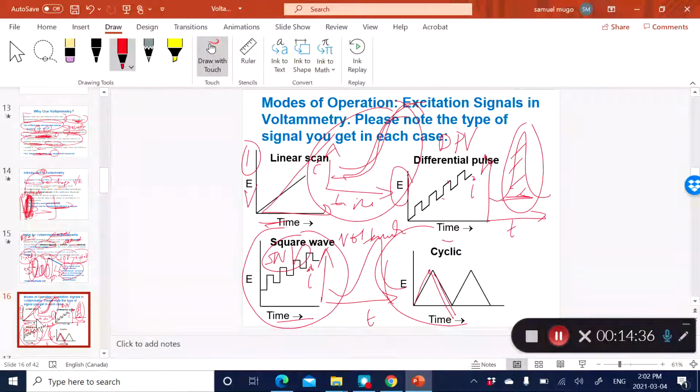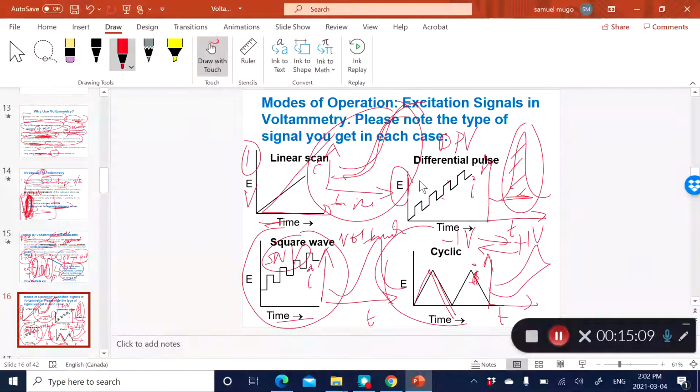So for example, if you have minus 1V to plus 1V, you increase the voltage linearly, and then you sweep it back from plus 1V to minus 1V. And so the signal profile that you get, that's current again, you would get something that looks like that, and then it looks like that as you're sweeping back. Okay, so that's called CV, or cyclic photometry.